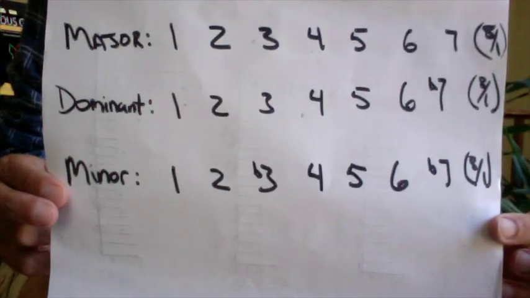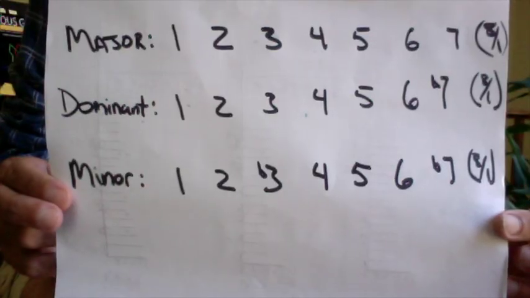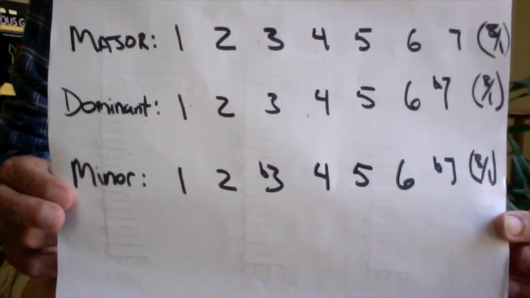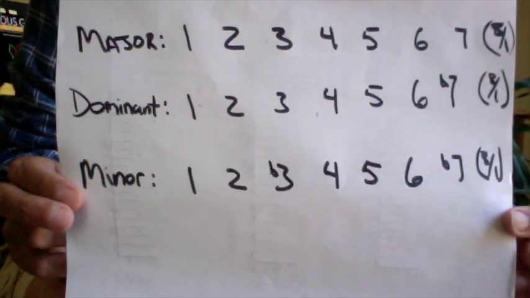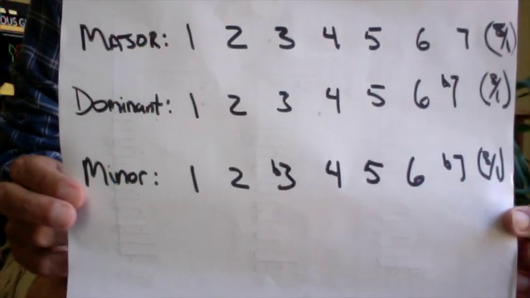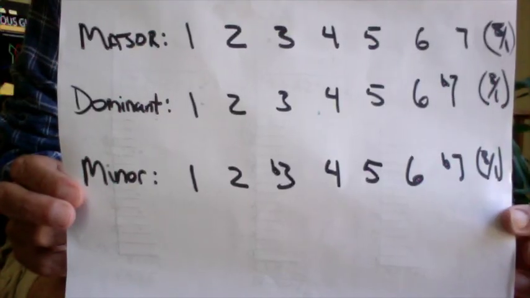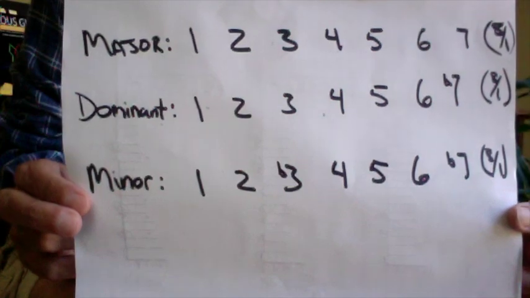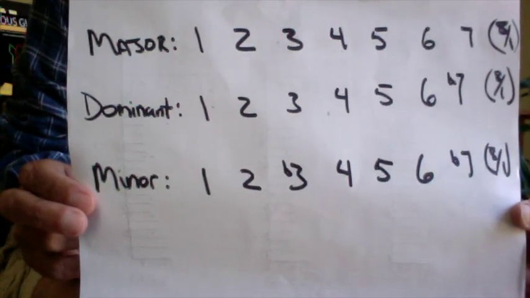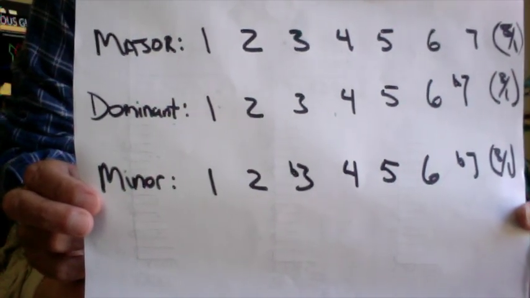I'll give you a second to think about that. The answer is 7. So the major scale is the only one up there that has a 7 in it. The other two scales have a flatted 7. So major has a natural 7, dominant and minor have flatted 7s. So what does that mean about the major scale?